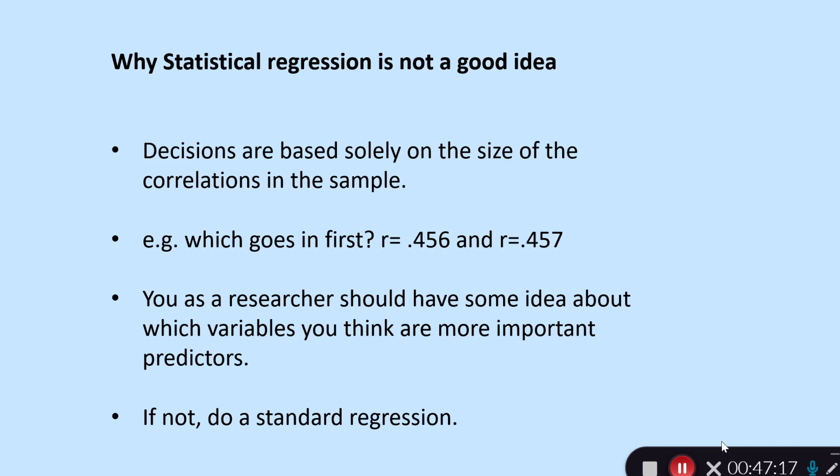Using statistical regression, you'd put the second one in first, even though it's marginally more highly correlated, but it's gone to the thousands. It's gone to the third decimal place already. And SPSS, if you did stepwise like this and they were almost identically correlated, would go to the 7th, 8th, 9th decimal place to identify which was just slightly larger.